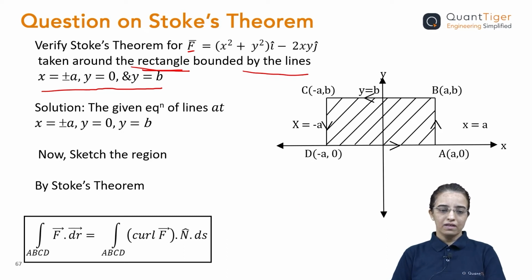So here the rectangle की sides के equations से हमें पता चल रहा है x is equal to minus a is one side which I drew over here, x is equal to a is the side which is over here, and y is equal to b is the top side, and y is equal to 0 is nothing but the x axis. So I have traced this curve by using the information. I have given the points names ABCD and उसके coordinates भी I have written over there.